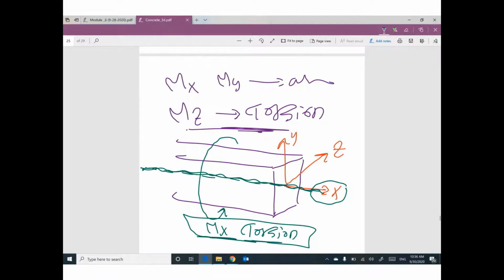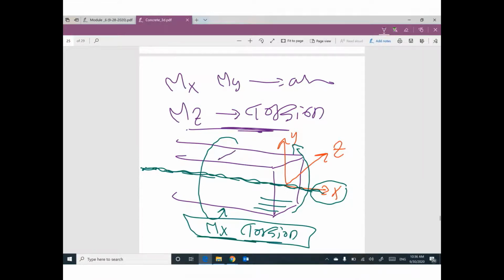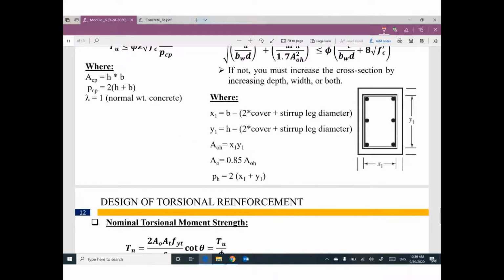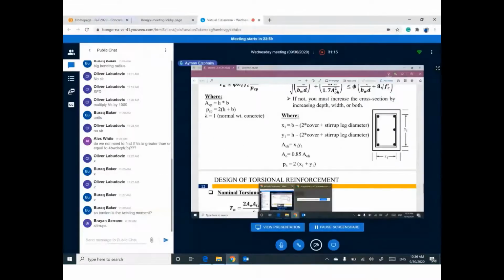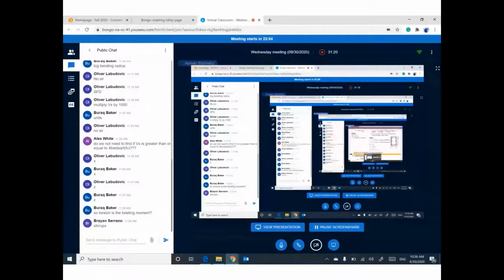Any other moment is a regular moment, which can be supported with the regular reinforcement. But for torsion, we need to add special stirrups. I mean by special, closed stirrups. Anybody has any question for this point? Do you have any question for this point?